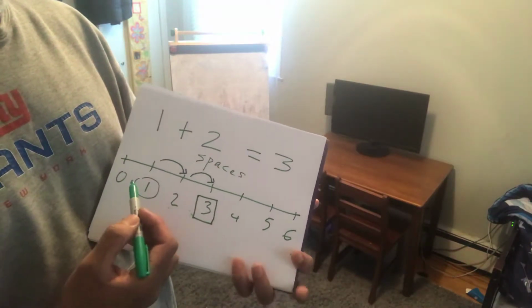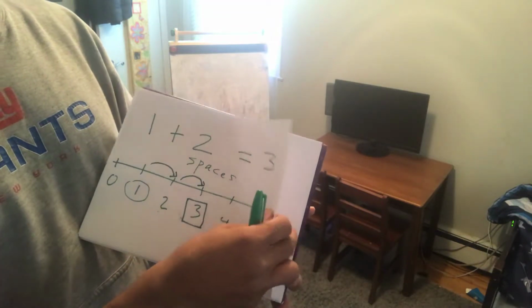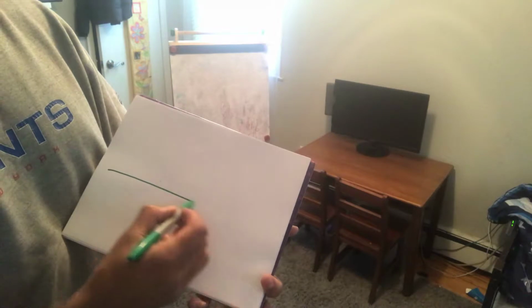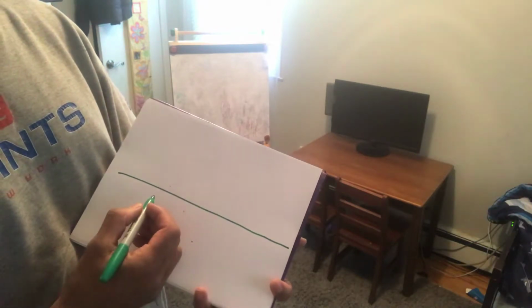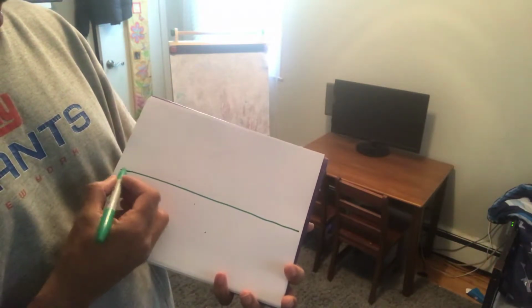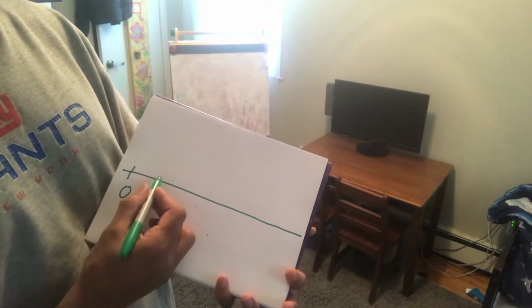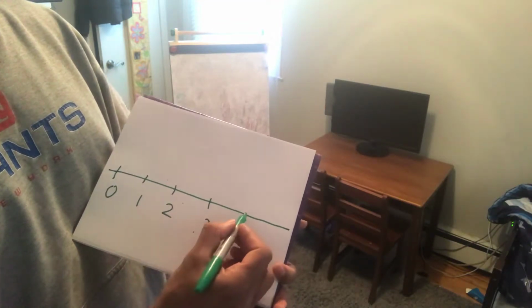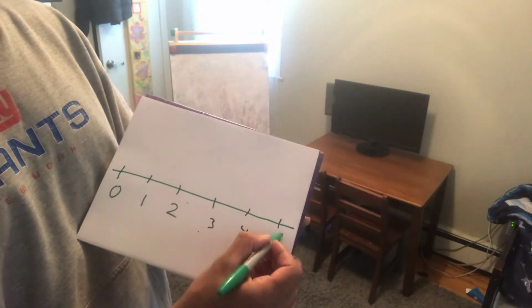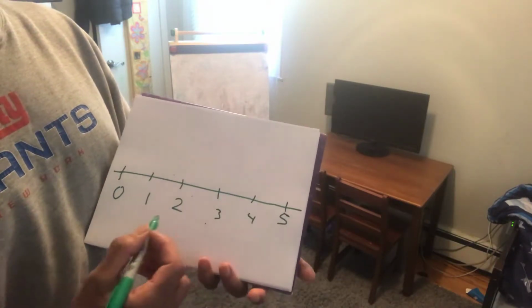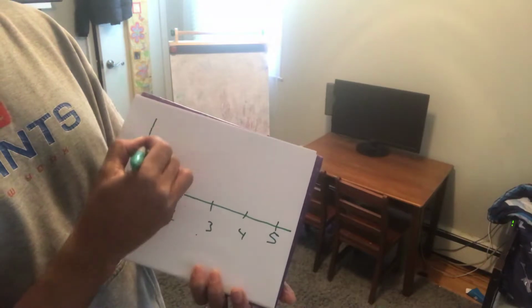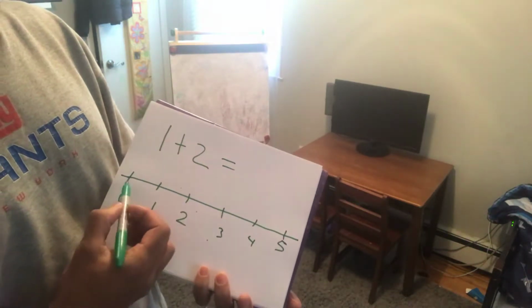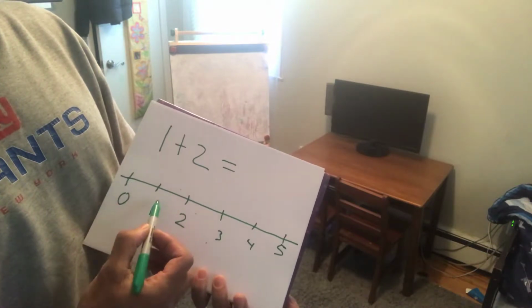Let's do it one more time. We want to add using a number line. Start with 0, 1, 2, 3, 4, 5, and it goes on forever. So if I want to do 1 plus 2, I want to start where I see 1.